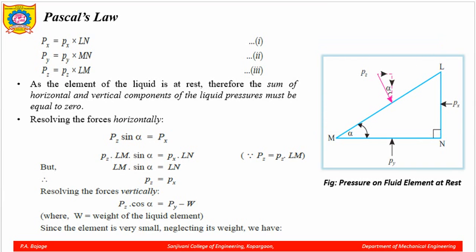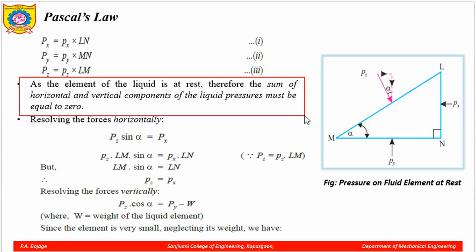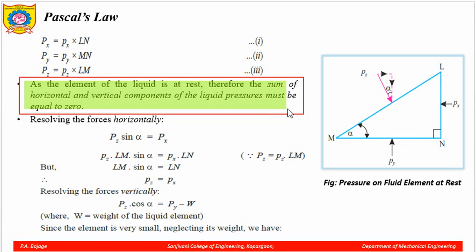So, as the element of the liquid is at rest, therefore, the sum of horizontal and vertical components of force must be equal to 0. So, for equilibrium condition, as the fluid element is at rest, the vertical and horizontal components of the liquid pressure should be equal to 0.